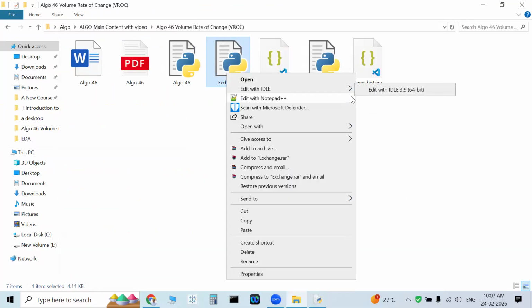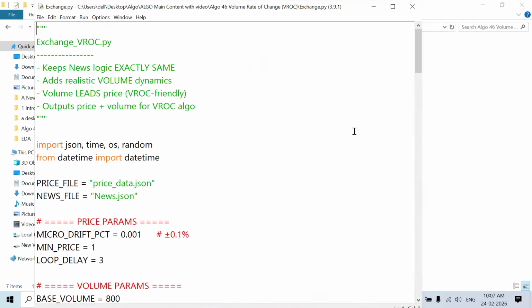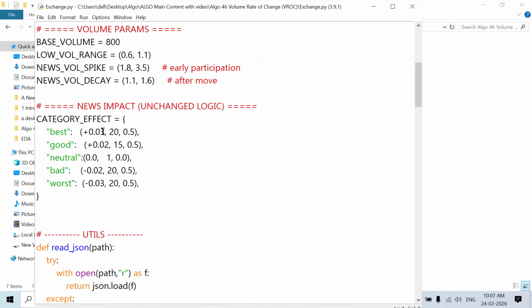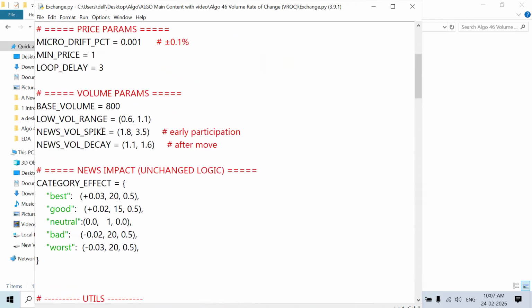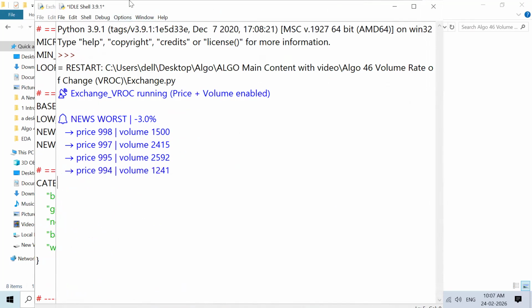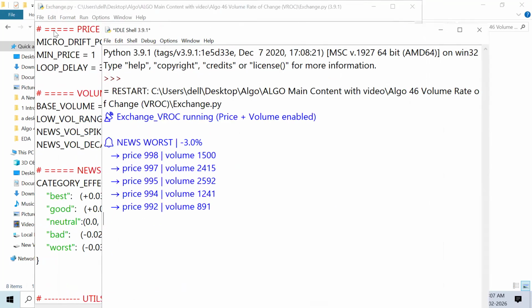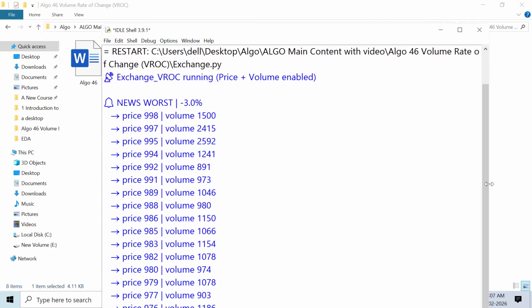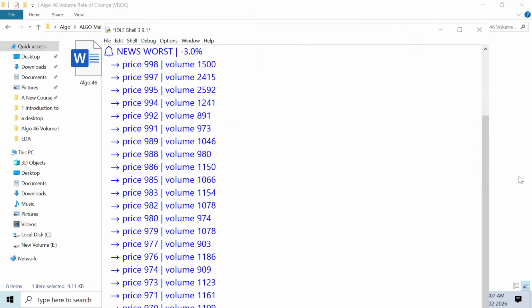So we are opening the exchange file. The exchange file is going to read the news, and based on that, it is going to give an impact. A change in volume can also happen if the price range changes. So let's take this. Okay, the worst news has come in the market. Let me adjust this window so that we can see the parallel part which is happening in the market.